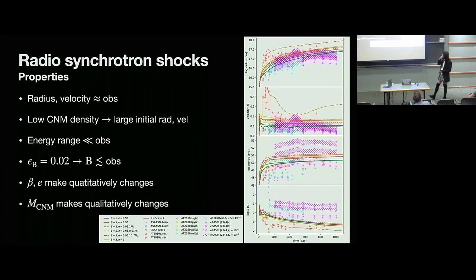As we can see, the radius and the velocity agree with the observations quite well, especially for the dashed-dotted one, where we got really low density in the circumnuclear shell. I don't know why, but we suddenly got that high velocity, and it matches one of the observations pretty well. So just leave it there.